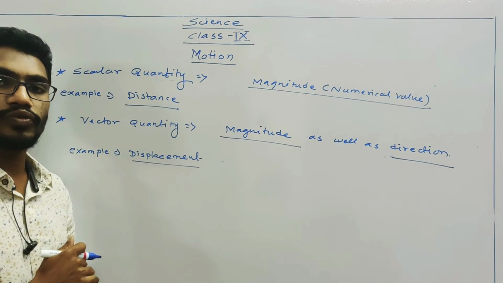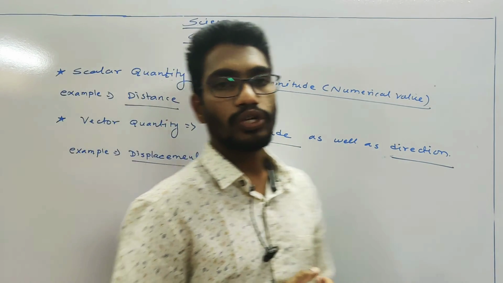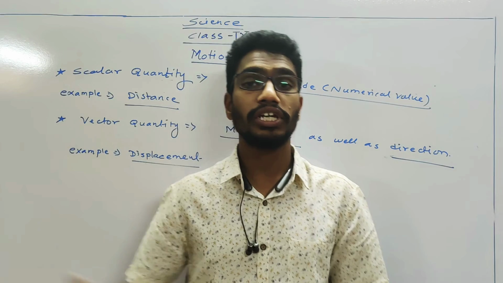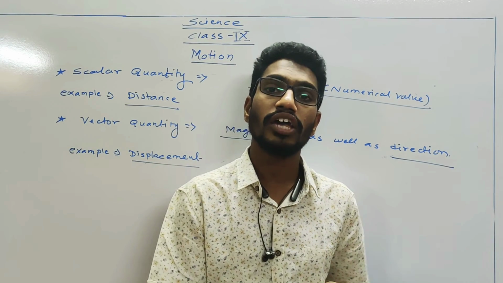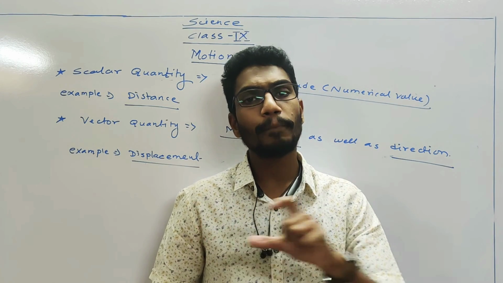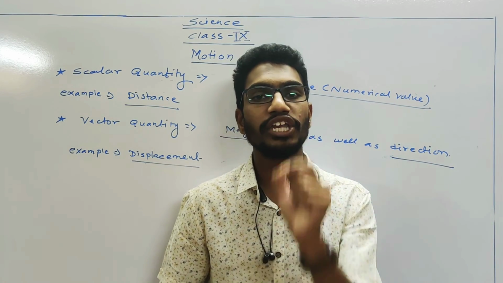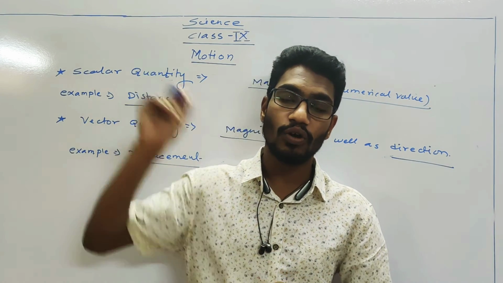So we divide these two physical quantities into scalar and vector. In the further chapter we are going to learn about a number of quantities, and all these quantities are going to be divided into whether they are scalar or vector. So what are scalar quantities? Quantities which are completely described by magnitude alone, only numerical value, are called scalar quantities.